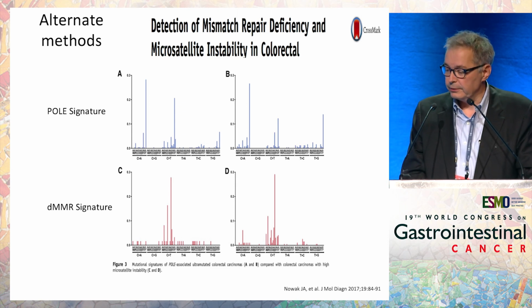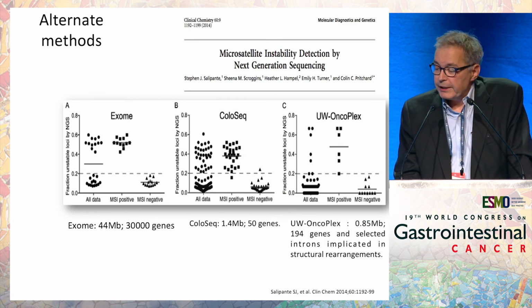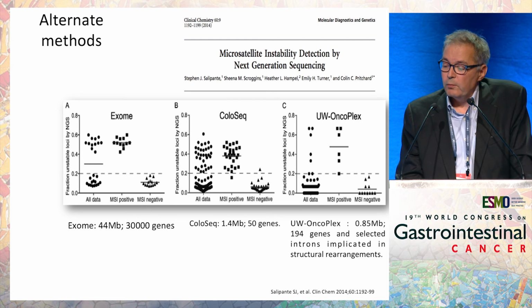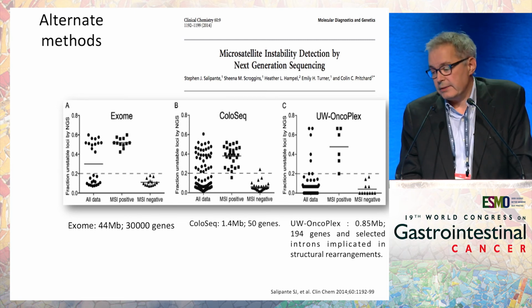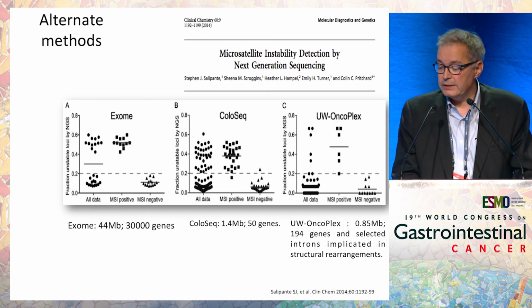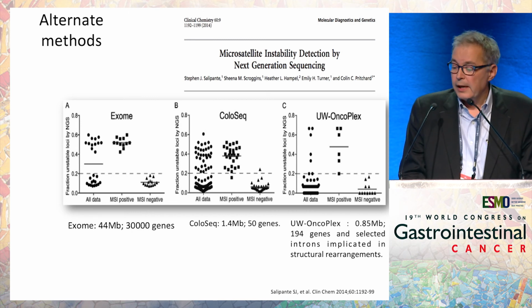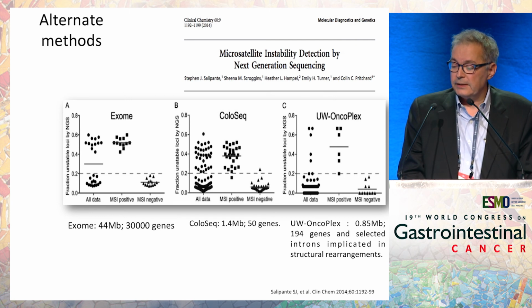There are several other publications on sequencing, one using exome sequencing, so they sequenced 44 megabases and approximately 30,000 genes. And as you can see, you can very easily distinguish MSI positive tumors and MSI negative tumors.